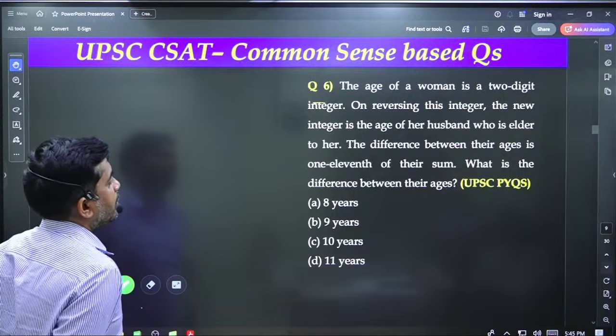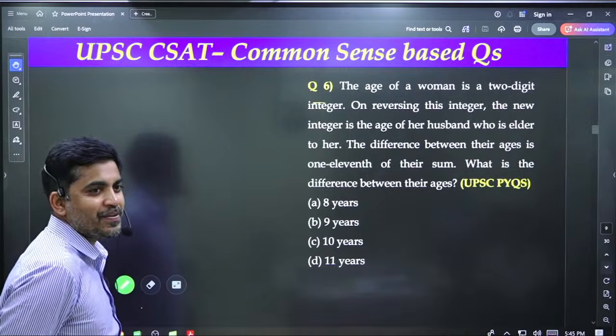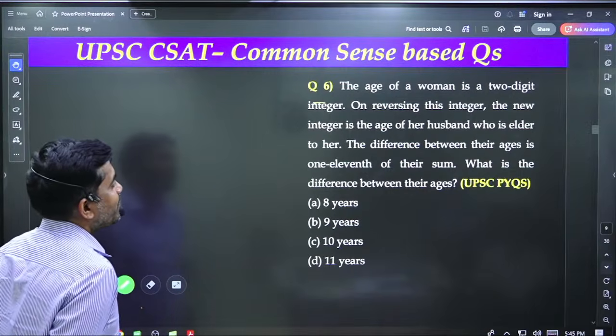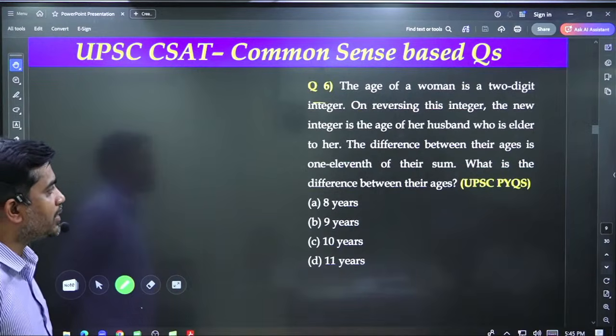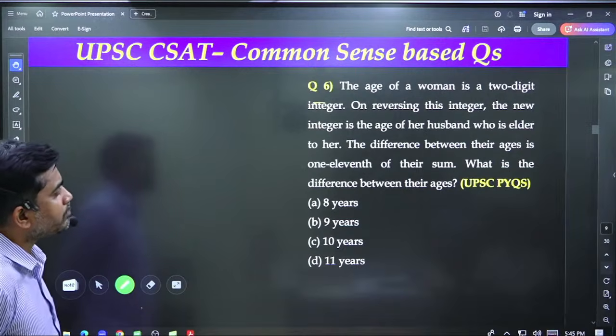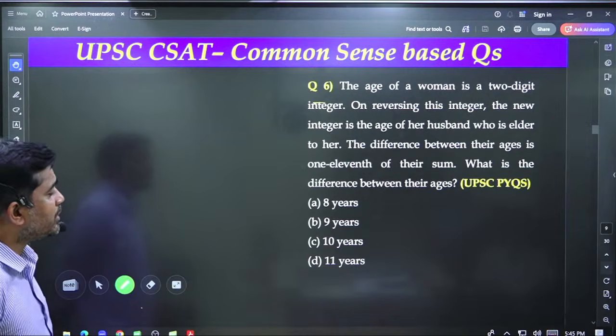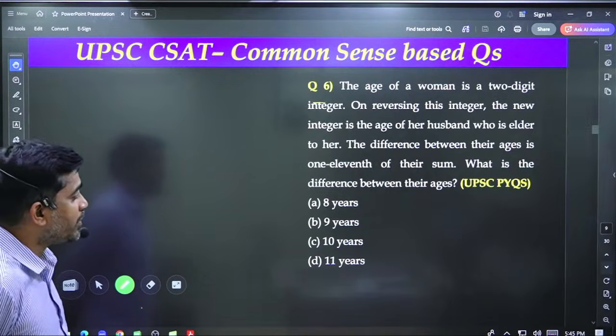Fast. It takes hardly 10 seconds to answer this. Age of woman is a 2-digit number. Reversing this integer, the new integer is the age of the husband. Difference between their ages is 1/11 of something given. They're asking what is the difference between their ages.